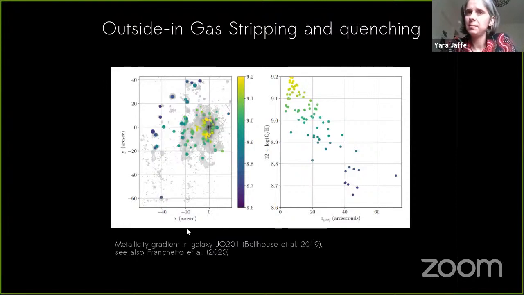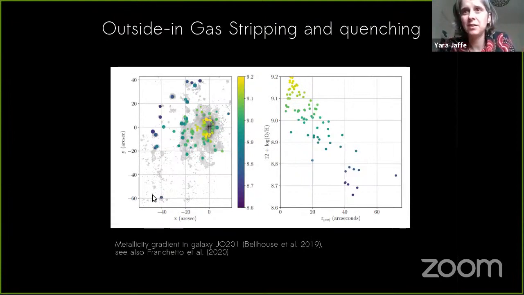Another piece of evidence for this outside-in stripping comes from metallicity gradients. Here I show one example, where we look at the gas-phase metallicity across this stripped galaxy, with lower values darker and higher values in yellow. We can essentially trace the radius of the galaxy, or the rings of the galaxy, that were stripped first.